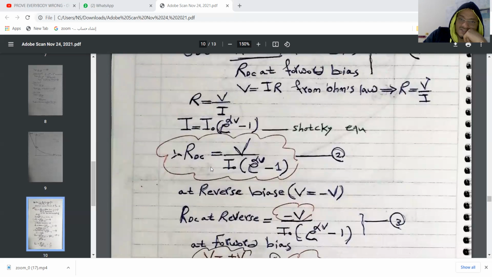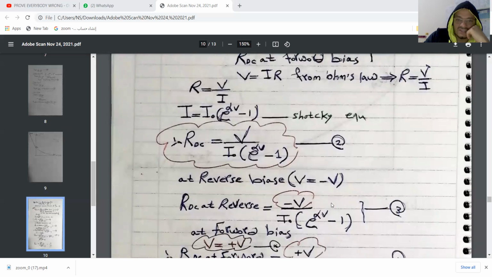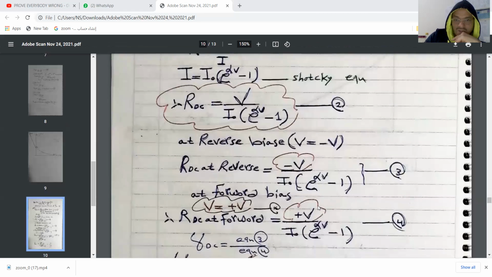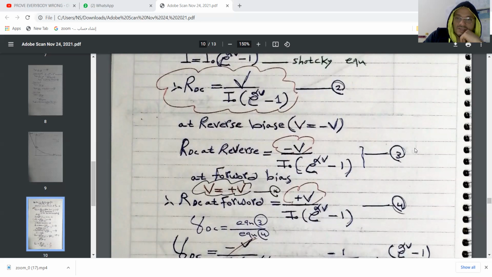And dynamic resistance equals V over I naught times exponential alpha V minus 1. Here, we will write the Schottky equation instead of I, to be equation number 2. At reverse bias, we know V equals a very huge negative amount, equal minus V. We can say here, dynamic resistance at reverse bias equals minus V divided by the Schottky equation, I naught times exponential alpha V minus 1, to be at the end like that.